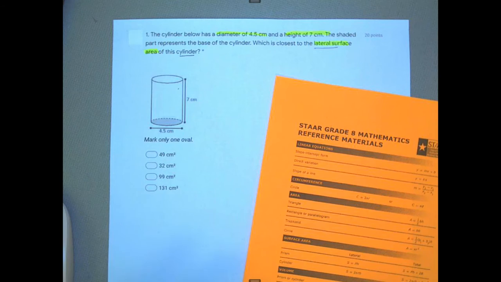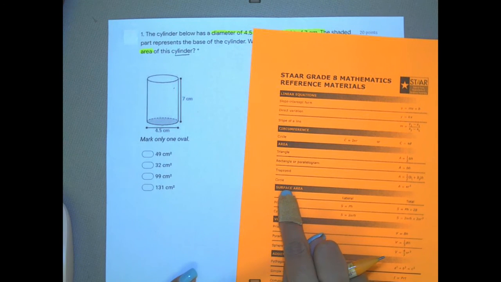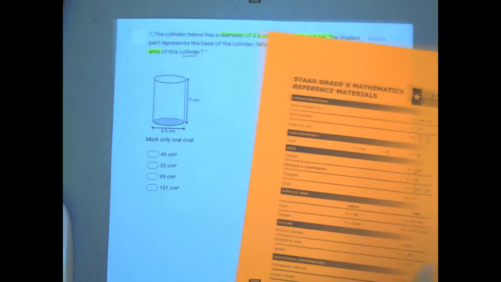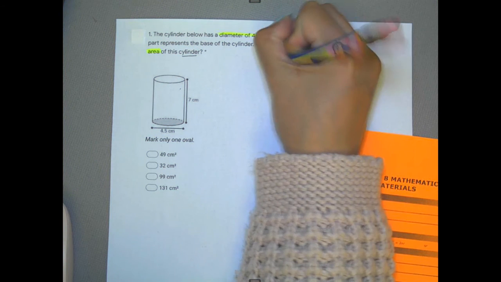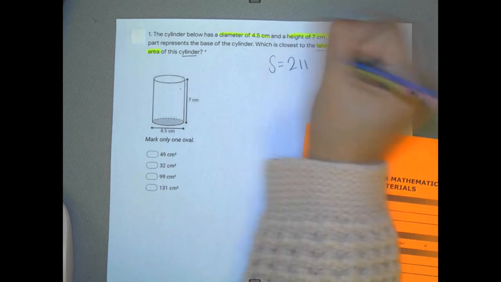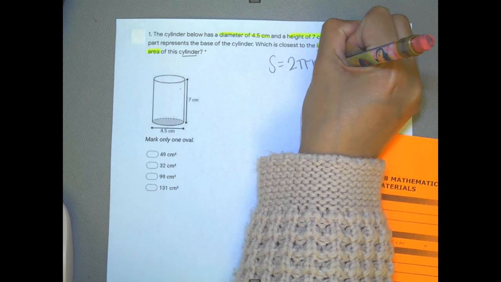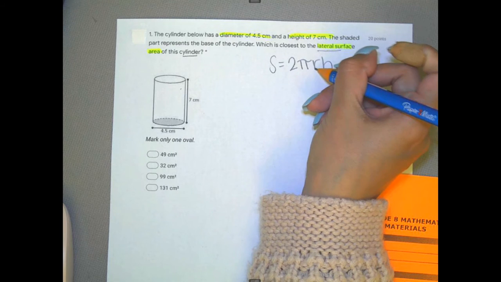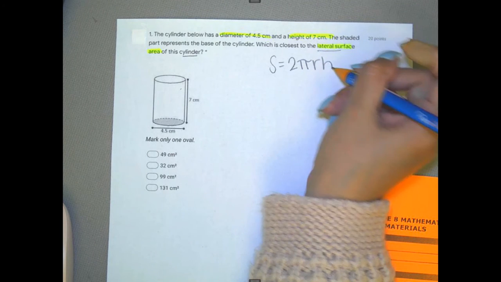my formula chart and I can go to surface area. And when I go over to cylinder and lateral, I can see that I'm going to use S equals 2 pi RH. All right. So I see that I need my R, which is radius, and my H, which is height.